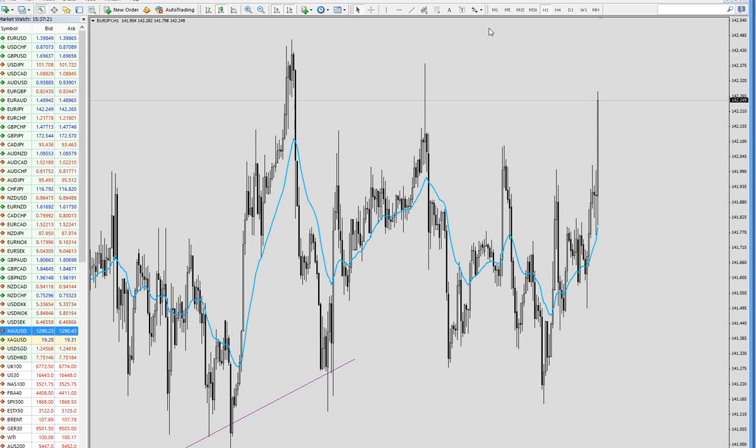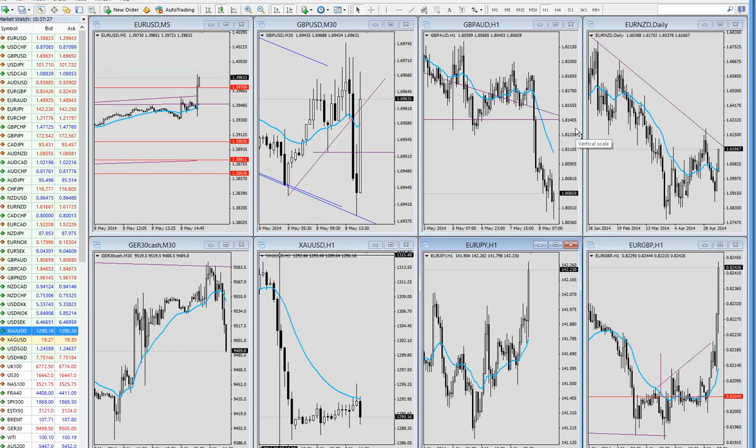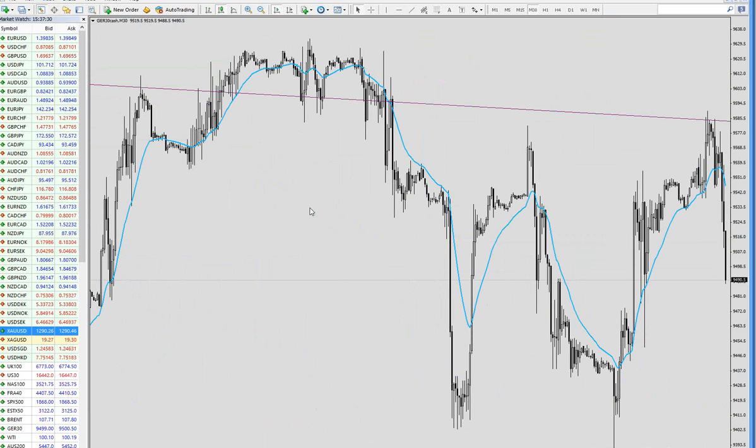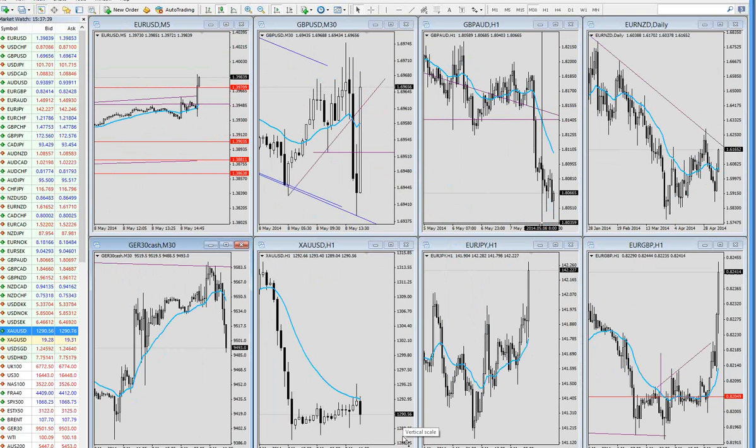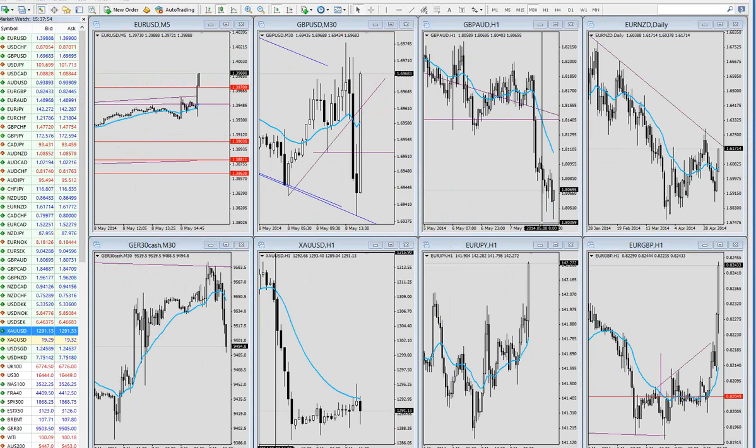Euro JPY. That's the level we have to look at. That was a good idea, but I missed. As I mentioned, euro up, DAX down.